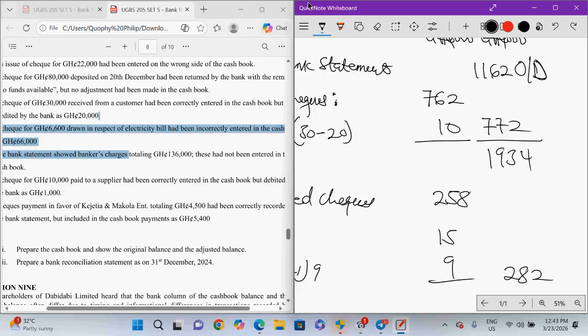Okay, so we'll subtract the overdraft and add the 772. Exactly. This one overdraft means negative. So negative 390. Overdraft means negative. OD, negative. So 390 negative.